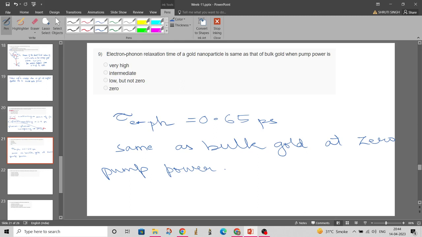But when you excite at higher pump power, there is a lot of interactions that can happen, and the electron-phonon coupling time at higher pump power increases.